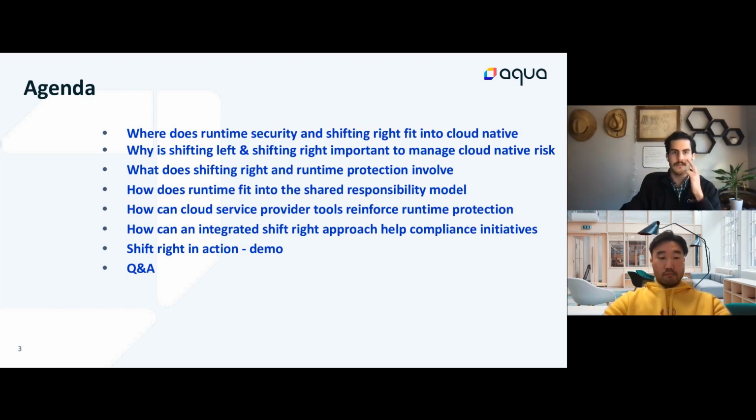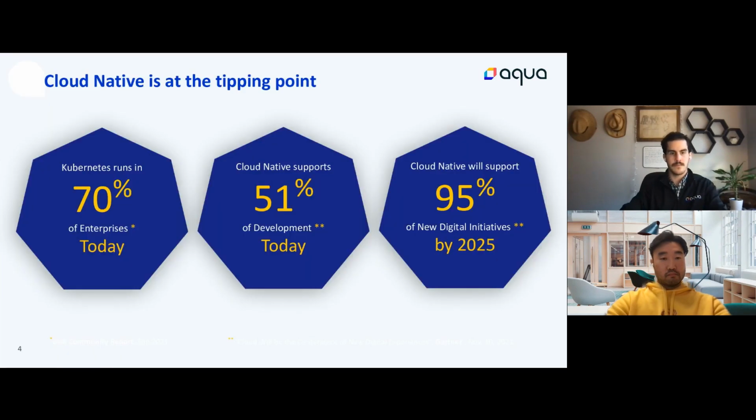What does shifting right and runtime protection actually involve? How does runtime protection fit into the shared responsibility model? How can cloud service provider tools reinforce runtime protection? And then we'll be weaving throughout that how an integrated shift right approach can help compliance initiatives. And then, as I mentioned, we'll be moving into the demo, followed by the Q&A.